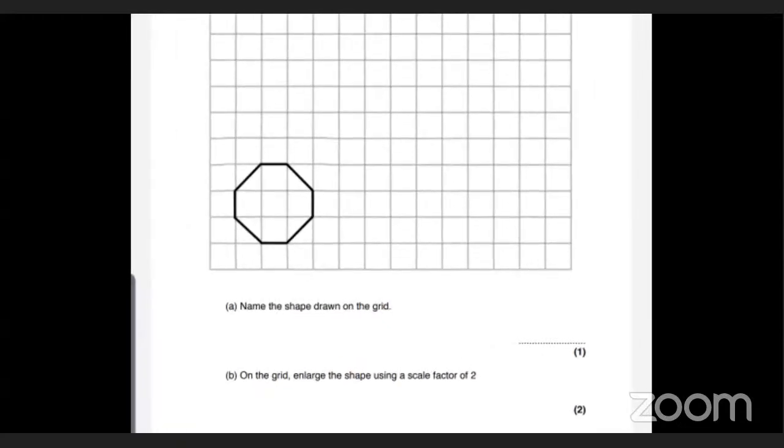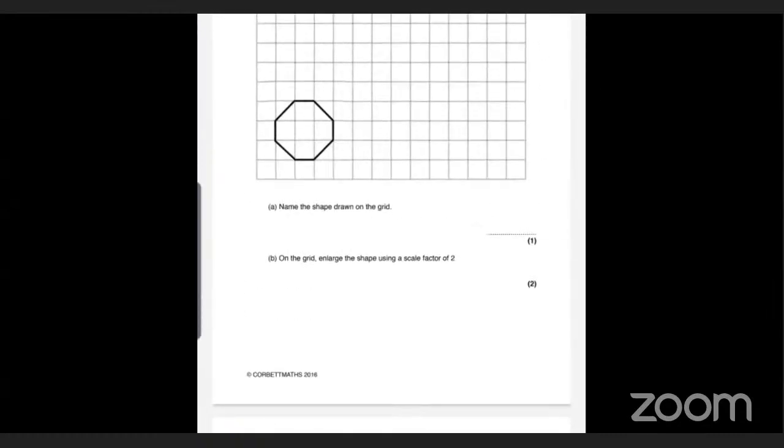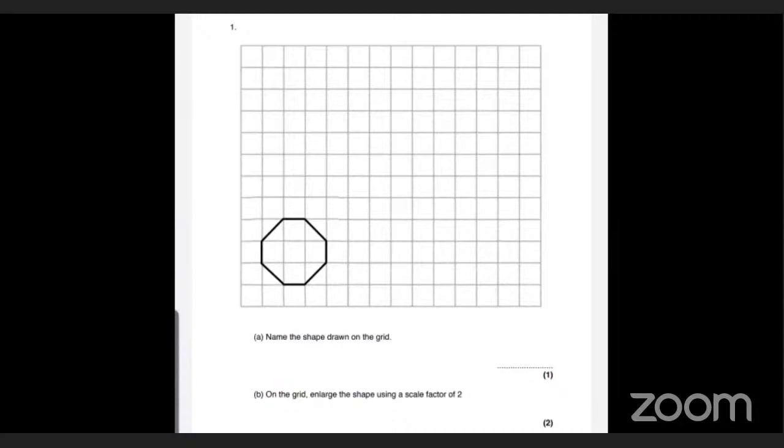Next question, on the grid, enlarge the shape using a scale factor of 2. So scale factor would be like ratio. So we're doing enlargement.